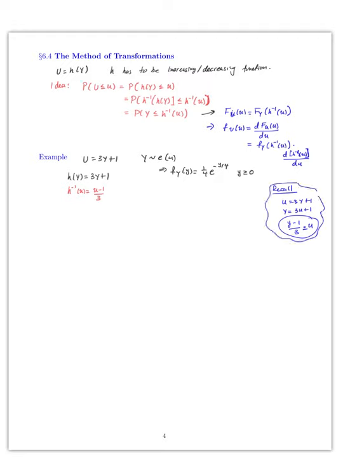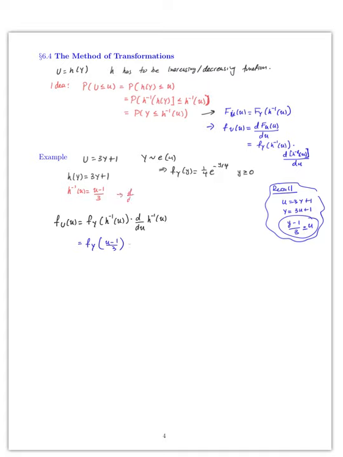Right, so hence, remember what we want is the density function of u. So this will be f of y evaluated at the inverse function times the derivative with respect to u of h inverse of u. So this will be equal to the density function of y evaluated at u minus 1 over 3 times the derivative of this.